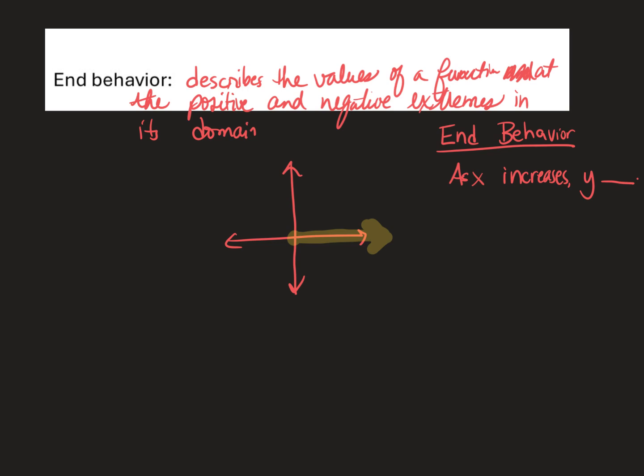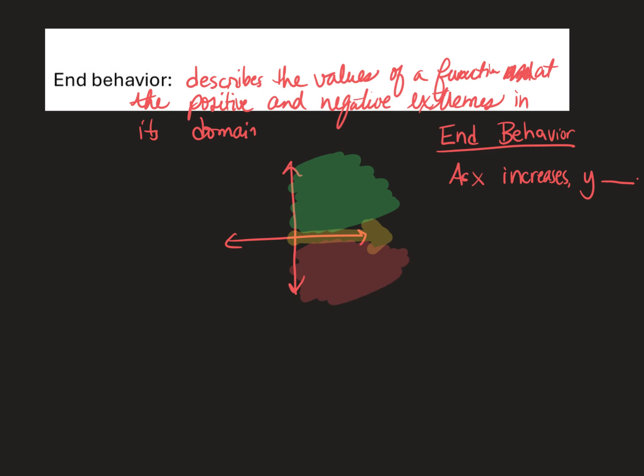So as your X value is increasing, your Y is either going to be increasing, the end of your graph will be in the first quadrant, or it will be decreasing, the end of your graph will be in the fourth quadrant.